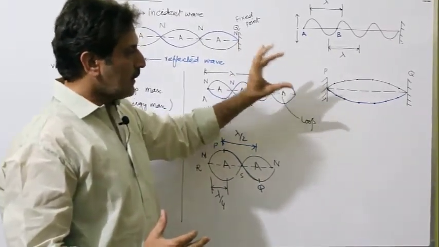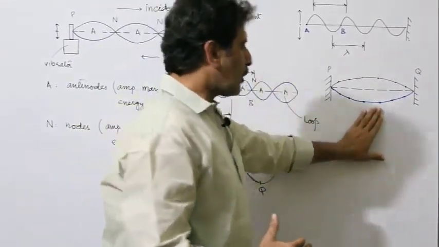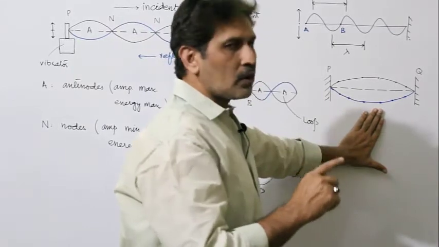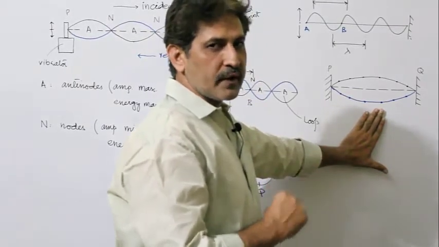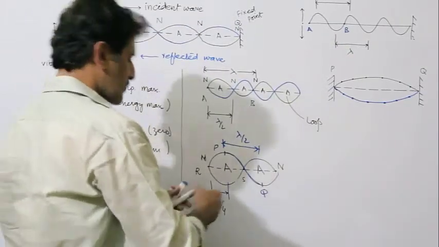So that's why it is called the stationary wave, because we can observe the loop, not the individual position of the string.